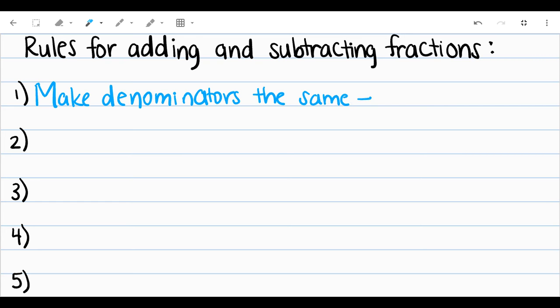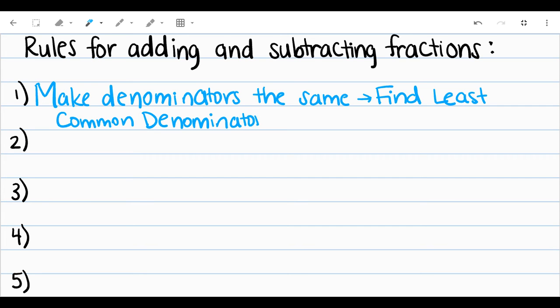And to do that, we want to find the least common denominator, which is sometimes referred to as the LCD. Or we can also think of this as the least common multiple.